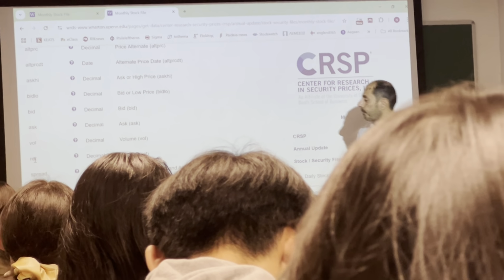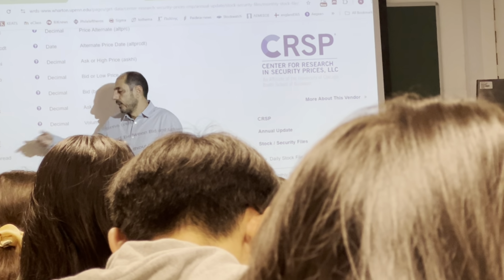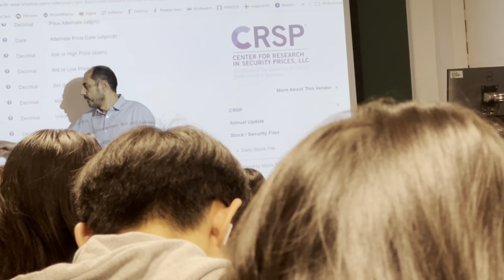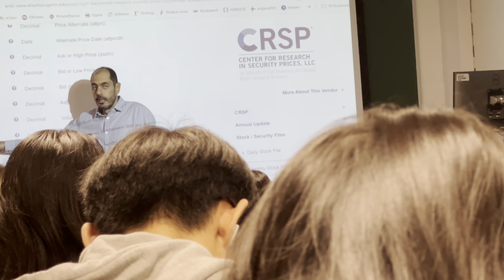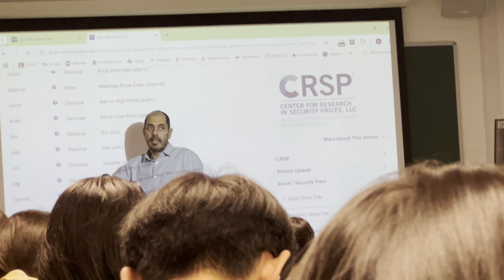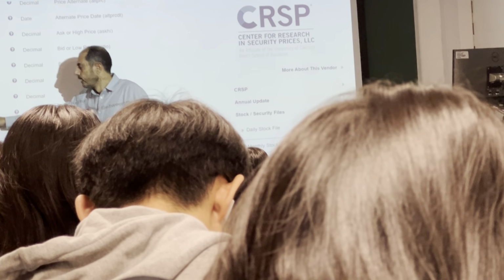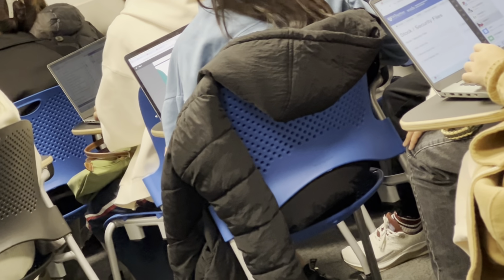Because we download monthly data, this is the monthly return. If you download daily data, you get the daily return, right? So this is the monthly return, and you have this information at the end of each month, okay?